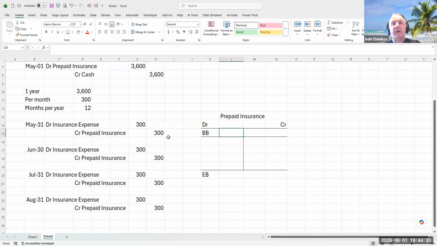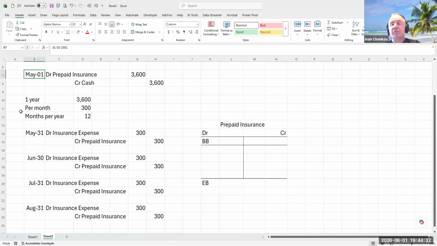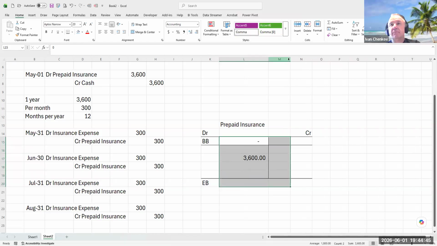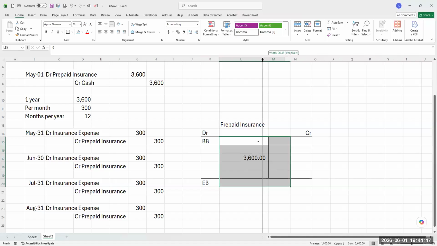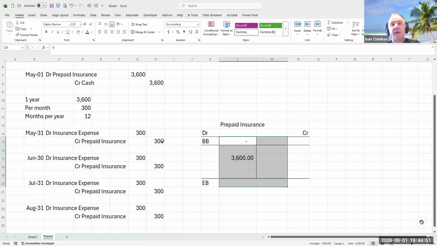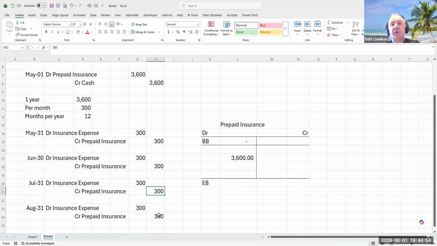My beginning balance before May 1st was zero, correct? Then I purchased insurance for $3,600. Are you guys with me? Yep. Then what happened? I have one, two, three, four deductions of $300.